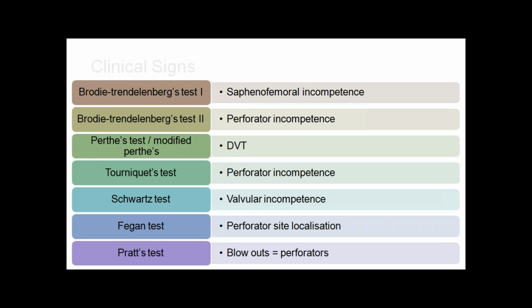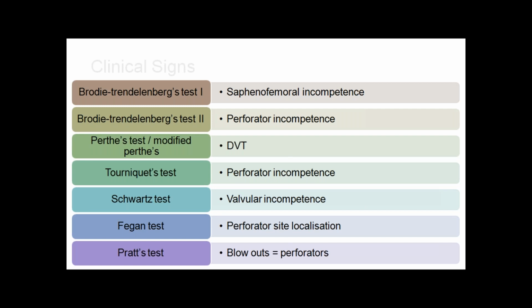So that is the Schwartz test and Fegan test. So what is Fegan's test? By doing the multiple tourniquets, we will already localize the perforator incompetent sites.